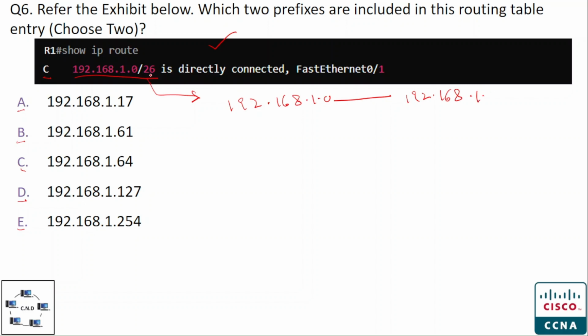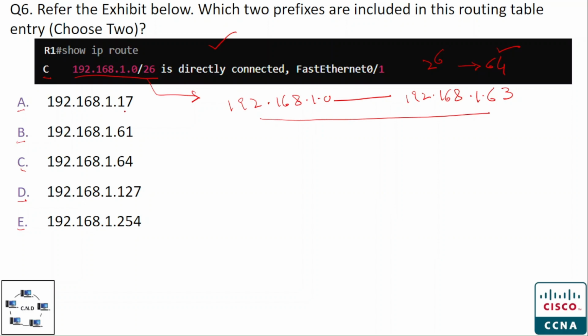It is basically 2 raised to the power 6, which is 64. So we have a range of 64 from 0 to 63. Remember, don't mistakenly write 64 as the end, because the total IP addresses are 64 and the 0 is included in this range. So we will have a range from 0 to 63, and then it is straightforward.